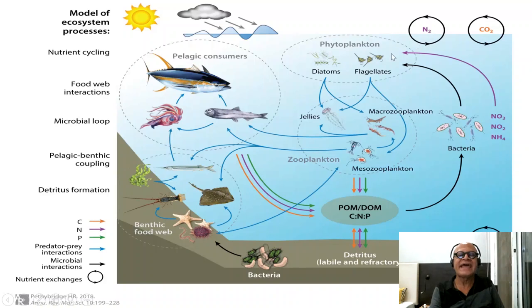A lot of the nitrate that drives primary production in the ocean is produced by the so-called nitrogen fixers, which can take dinitrogen and convert it into preformed nutrients like nitrate, which are used by phytoplankton like diatoms and flagellates and so on.